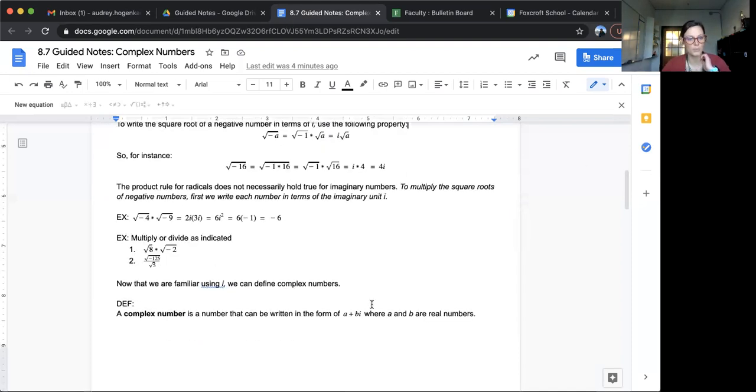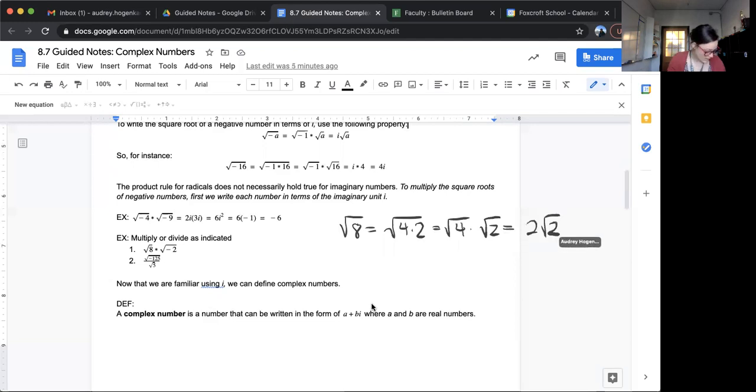Okay, so we're going to do a couple of examples. Number 1 says the square root of 8 times the square root of -2. First let's simplify the square root of 8. We know the square root of 8 is equal to the square root of 4 times 2, which equals the square root of 4 times the square root of 2, which equals 2 square root of 2.